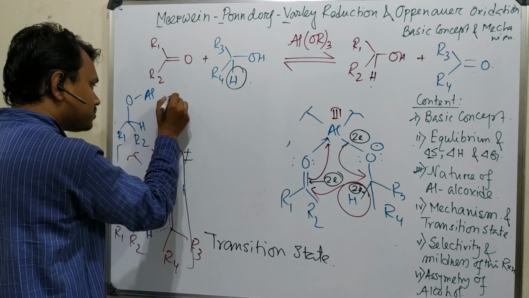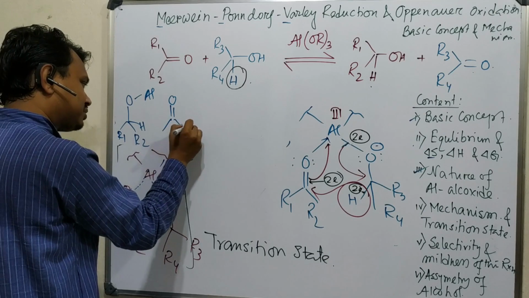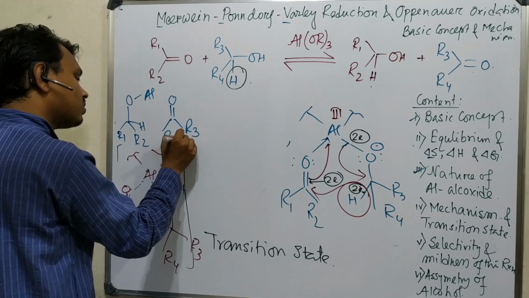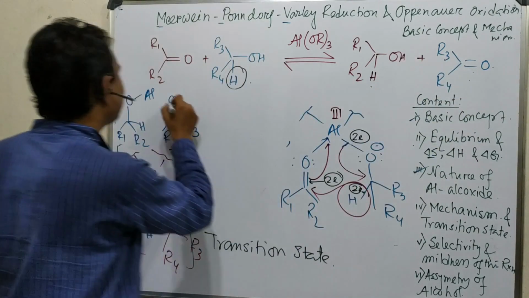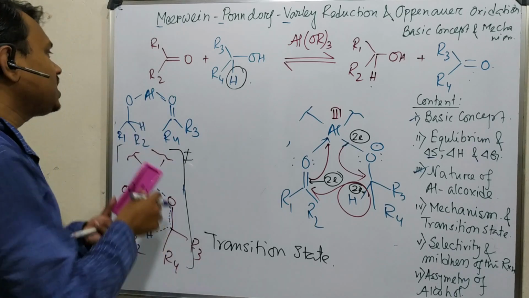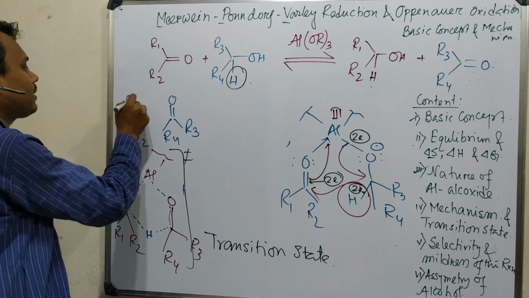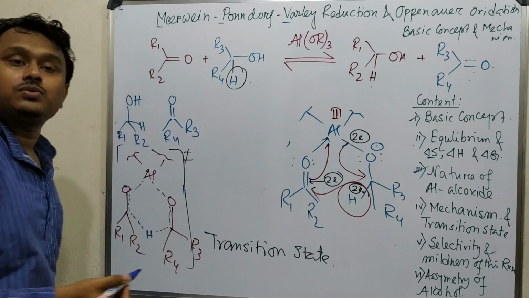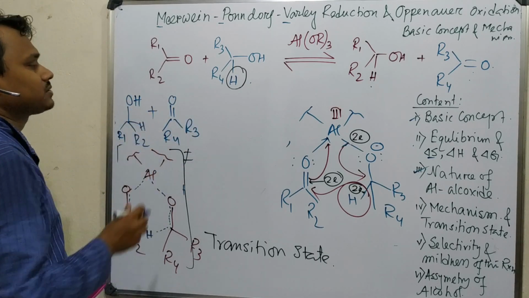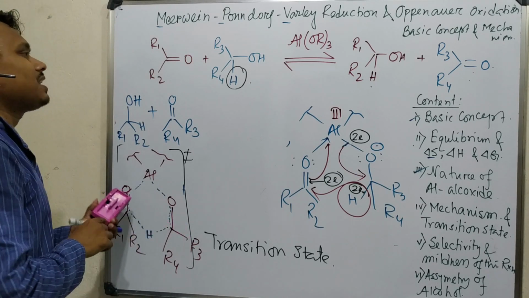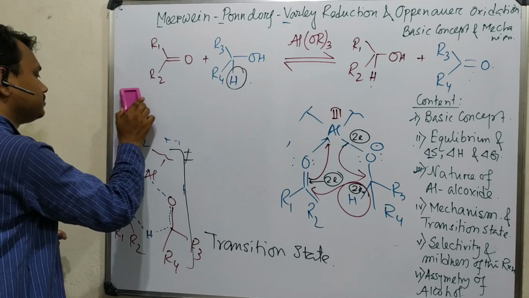Similarly, this is a carbonyl, R3, R4, coordinated to aluminium. If they leave from the aluminium, meaning they detach from the aluminium, what is the product? This is the alcohol, this is the ketone. Fine. So these are the products. This is the completion of the catalytic cycle.